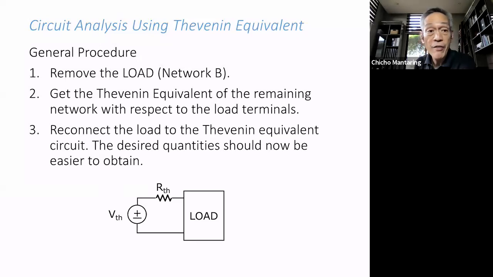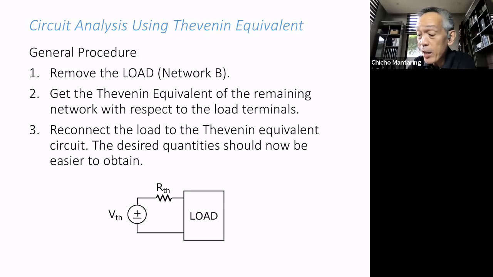Circuit analysis using Thevenin equivalent. So this is the general procedure for circuit analysis using Thevenin equivalent. First is to remove the load. So kung meron tayong circuit, unang-una tanggalin natin yung load, which we describe as network B. And then you get the Thevenin equivalent of the remaining network with respect to the load terminals.